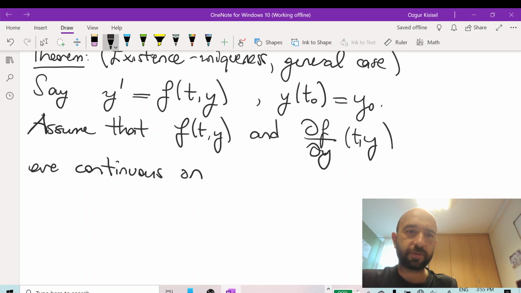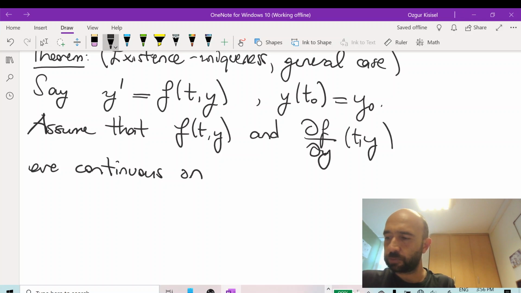Now, we have a slight problem here. In the linear case, we said that p and q are continuous on some open interval (a, b). But it's a little bit different here. These are two variable functions, so speaking about continuity on an interval is meaningless. So I should rather speak about a two-dimensional domain.